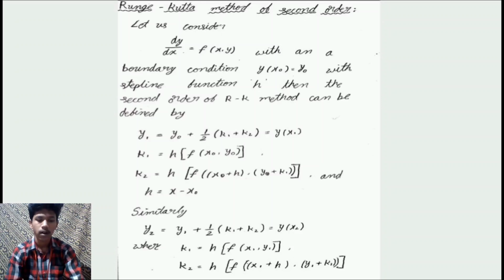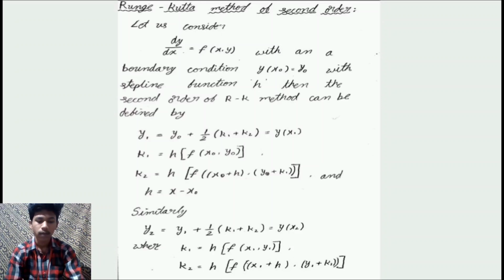Then the second order RK method can be defined by y1 equals y naught plus 1 by 2 into k1 plus k2, which is equal to y of x1, and here k1 is equal to h into f of x naught comma y naught, and k2 equals h into f of x naught plus h comma y naught plus k1, and here h is equal to x1 minus x naught.